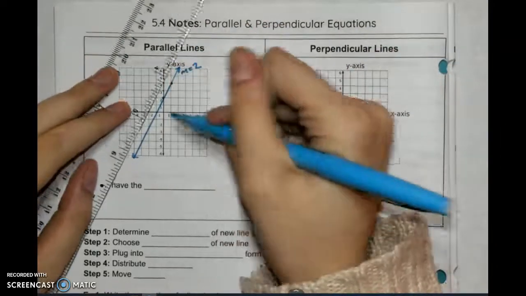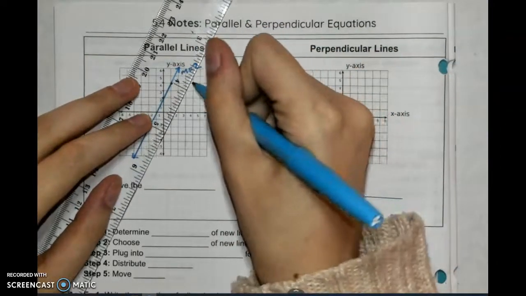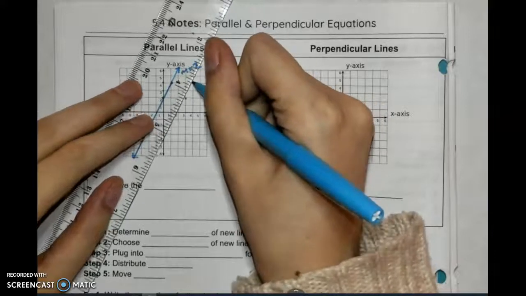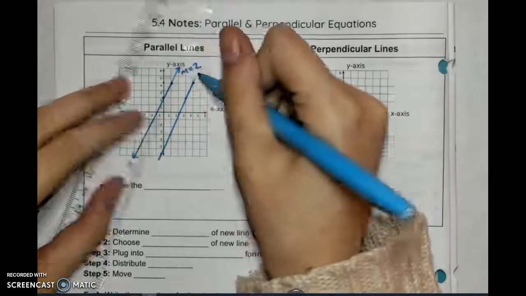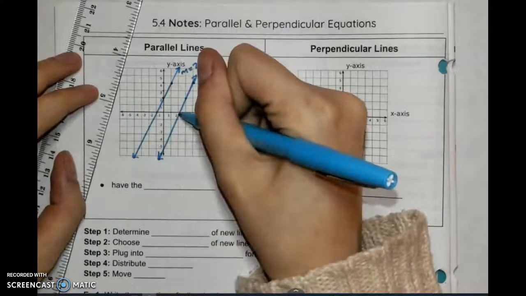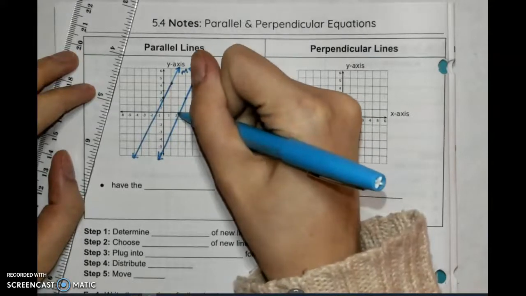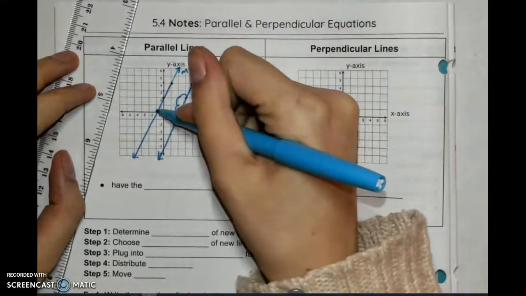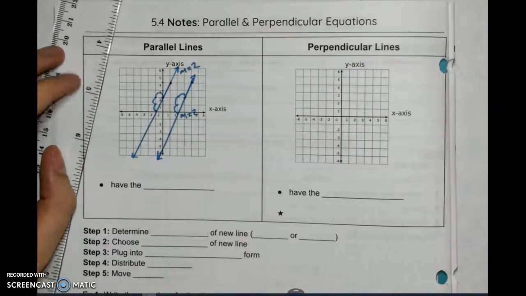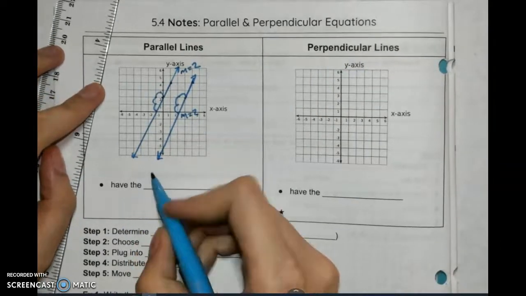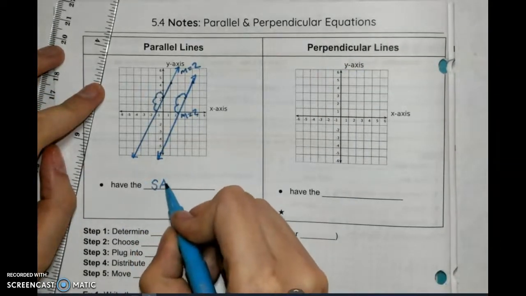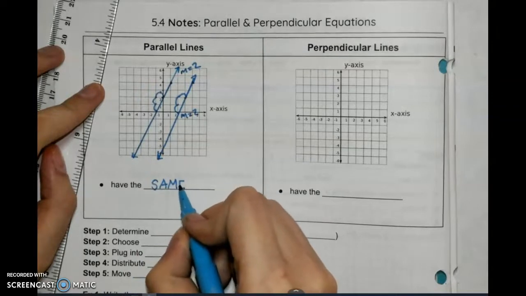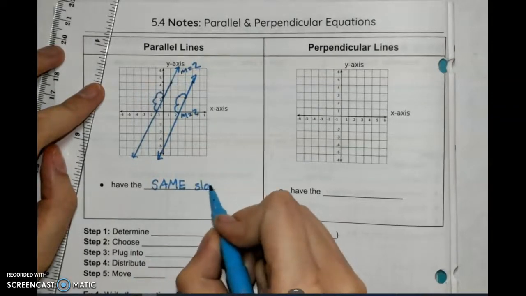If I wanted to have a parallel line to that, it would have the same slope. It would have m equals 2, up 2 over 1. So parallel lines have the same slope.